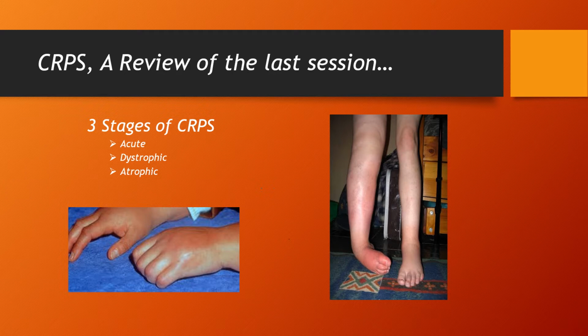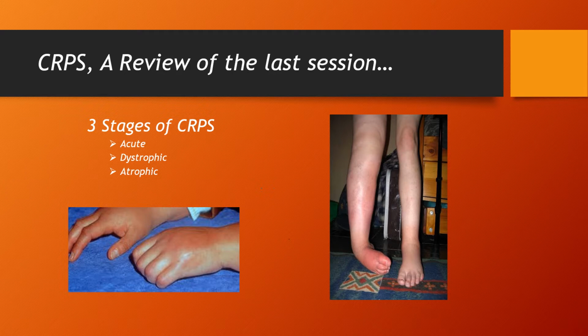As you recall, CRPS-1 does not involve a specific peripheral nerve, whereas type 2 does. We have vasomotor, pseudomotor, and trophic changes as well. There are no changes in x-rays, but you'll have a positive bone scan because of the periarticular accentuation due to the juxtaarticular and soft tissue swelling. You'll have osteoporosis possibly, and erosions of the subchondral bone.